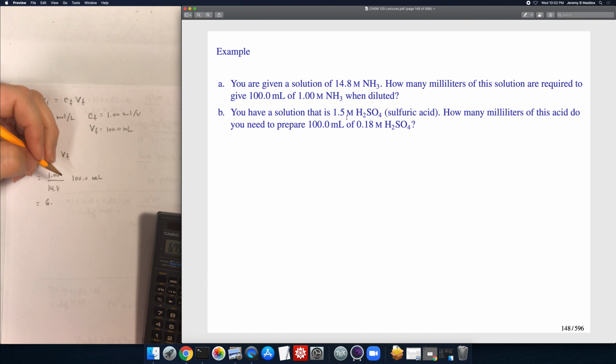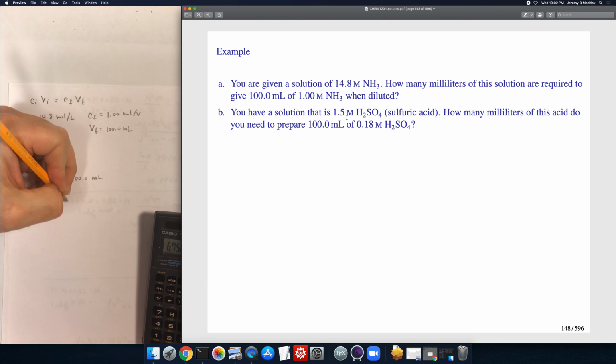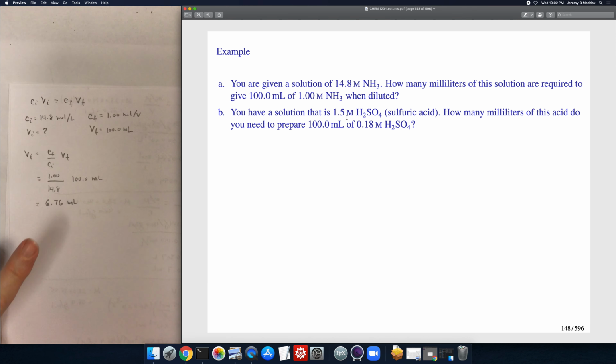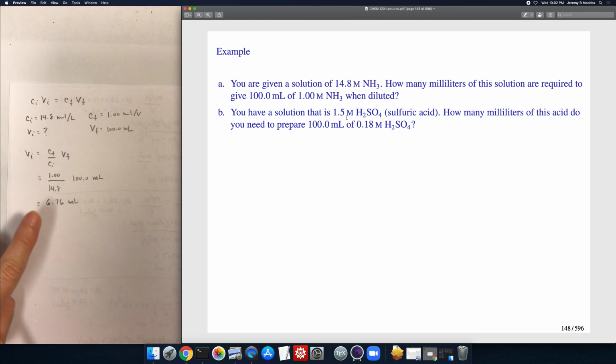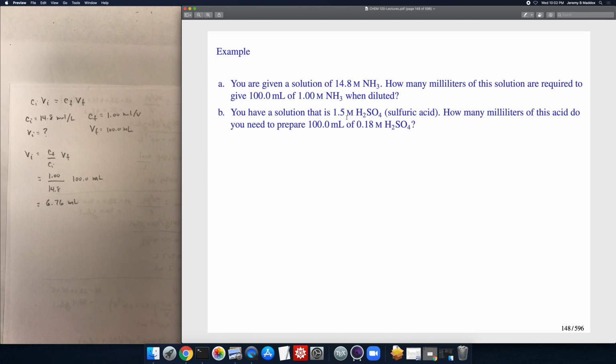And I'm getting 6.76. So you need to take a tiny bit of the stock solution, and then you will add enough water to equal 100 mils. And that's going to give you a new concentration of 1.00 moles per liter.